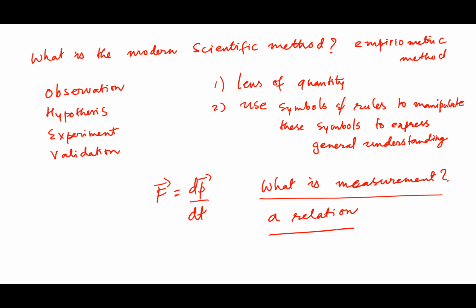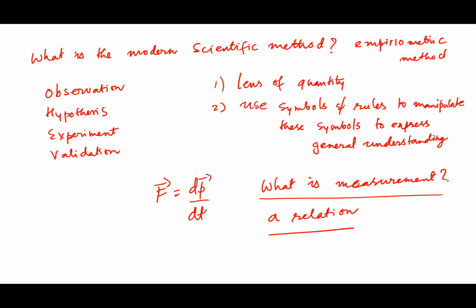Measurement is a relation. For example, I have a ruler here. This has extension. I can use the extension of this ruler and compare it to the extension of this table and say, this table is 2 rulers long. And then I can make this ruler a unit.